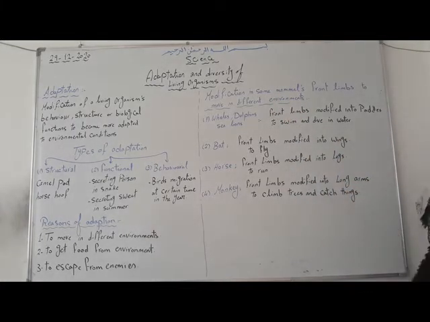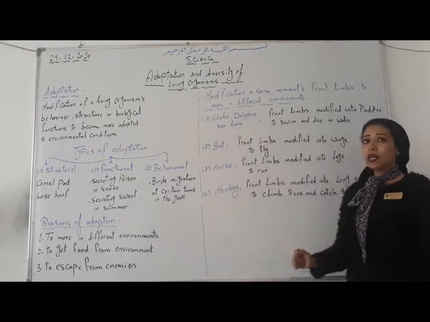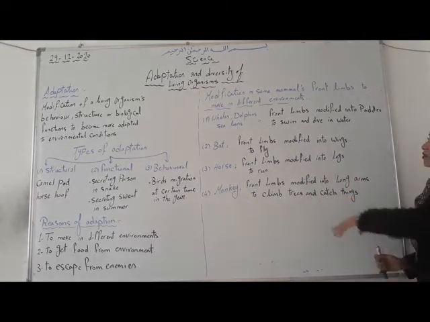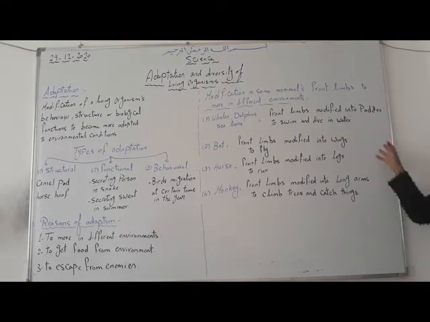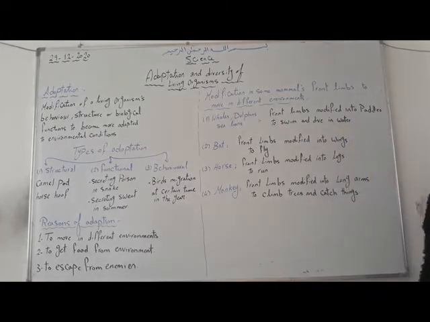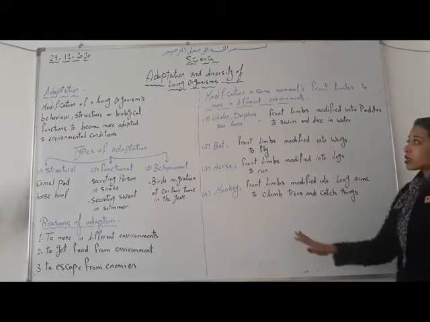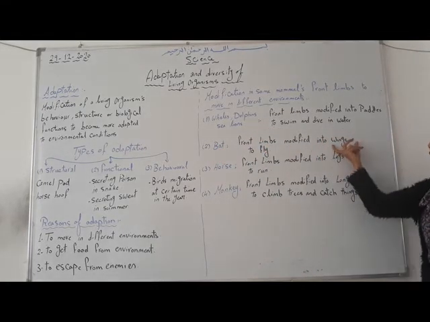From the famous modifications or adaptations in the living organisms are the modifications which happen in the front limbs of some mammals, like whales and dolphins and sea lions. Their front limbs are modified into paddles. Why? Because they live in water, to help them swim or dive in the water. Also, the front limbs of the bat are modified into wings. Why?